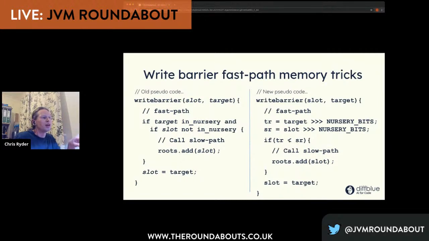So if the target region is lower than the slot region, then we have to remember that slot because it's across the boundary into the target. There's a little bit of fuzziness here in that this saves you a branch. You only have to do 1 branch. You do end up adding a few more slots to your roots than you ideally need, but they're fast to deal with at GC time. So it's a trade-off that's worth having because this write barrier is executed a lot. So it's a little trick that gets used quite often.